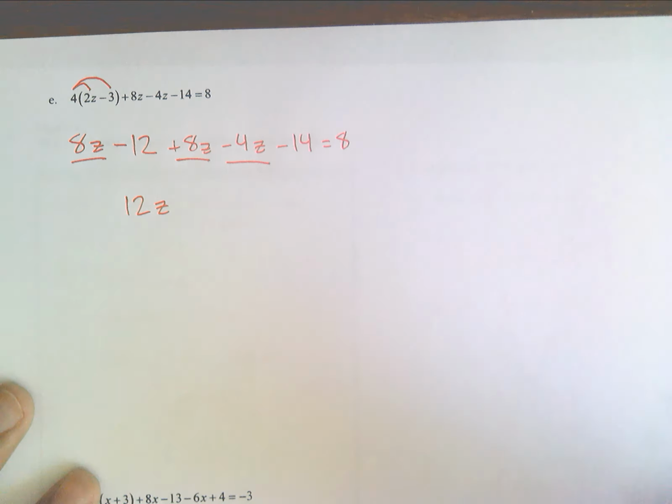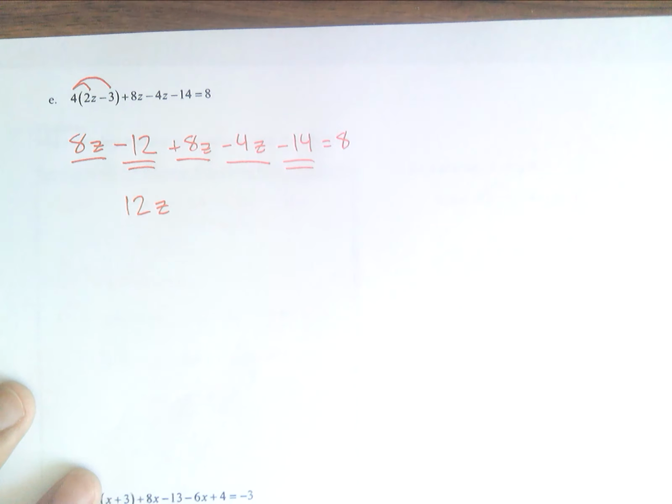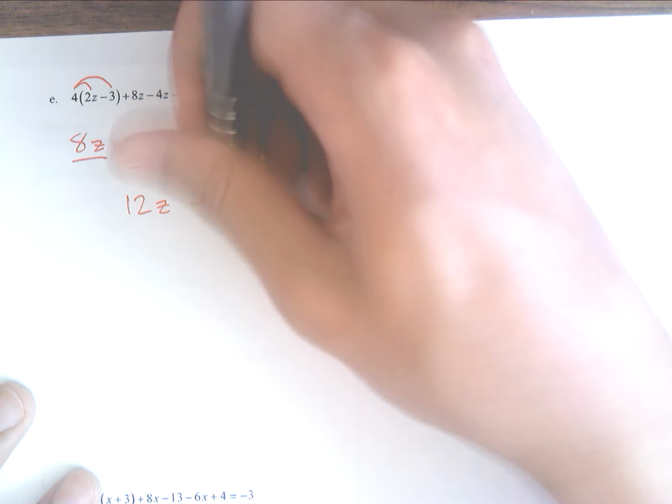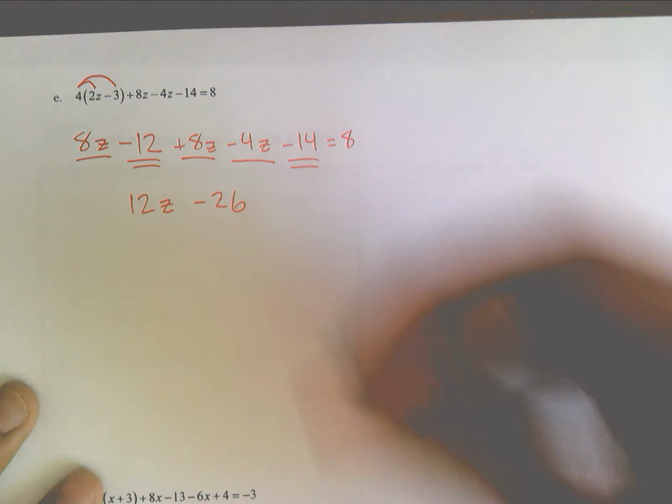Now, we've also got a minus 12 and a minus 14. So negative 12 minus 14, you can plug that into your calculator. Remember to use your negative key, is negative 26. And then bring down the equals 8.